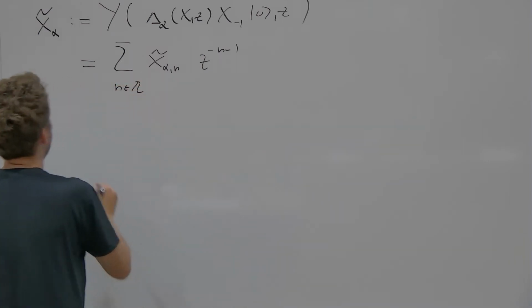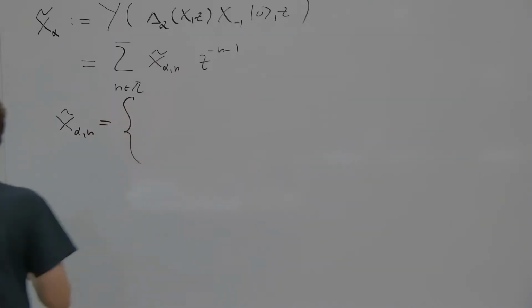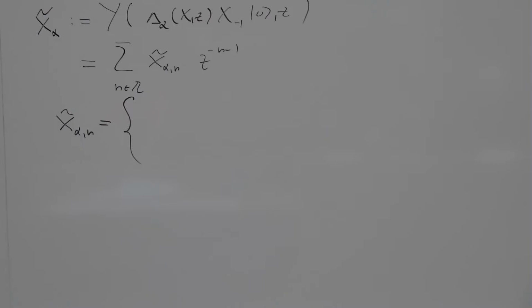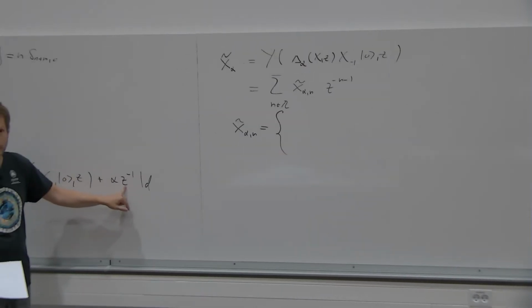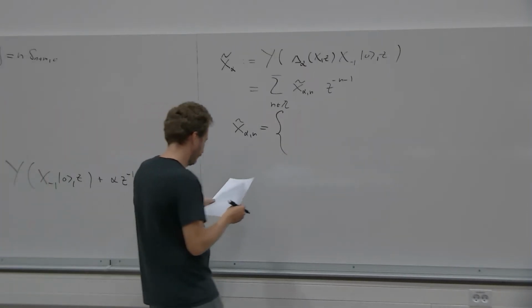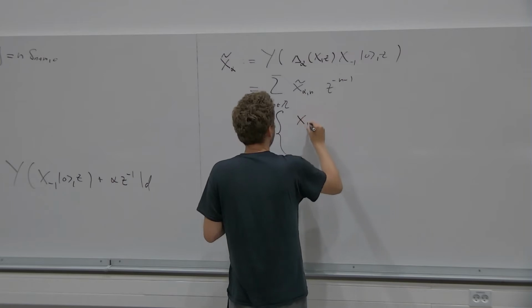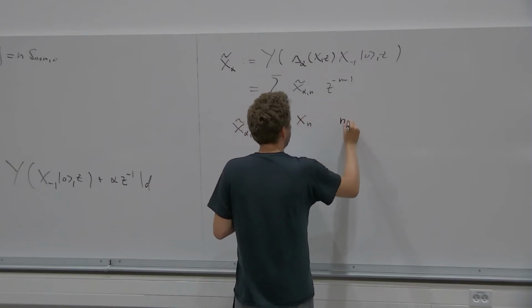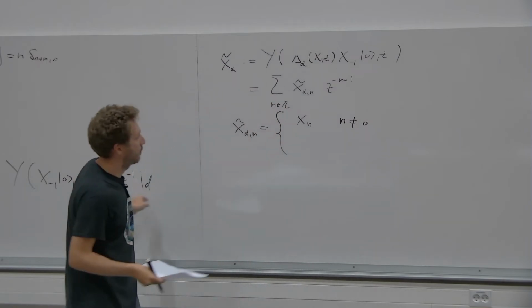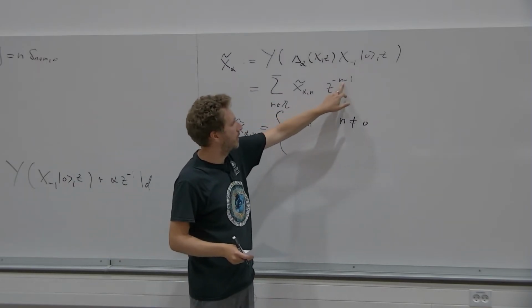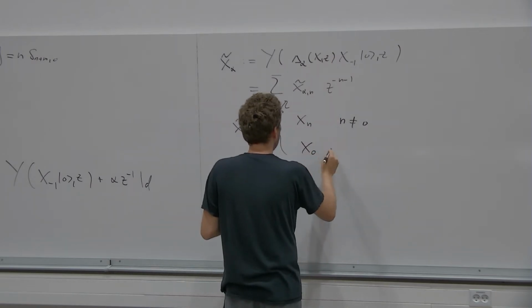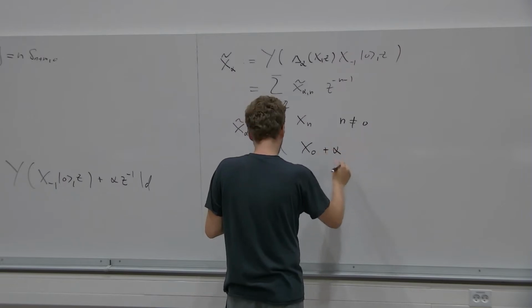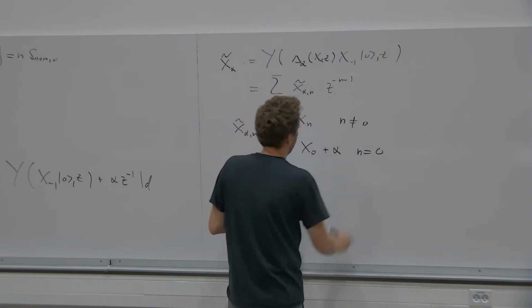And we see, what are these modes now? Surely we look at this and we see no expansion coefficient changed except the coefficient of Z inverse. So this means we get x is just xn, and the coefficient of Z inverse corresponds to the zero mode, right? Z inverse we have here if n is equal to 0. So we see this x tilde alpha is the ordinary x, except that the zero mode gets shifted by alpha.